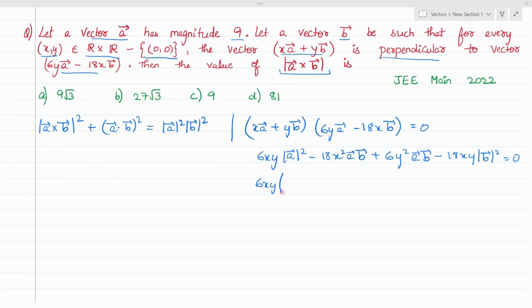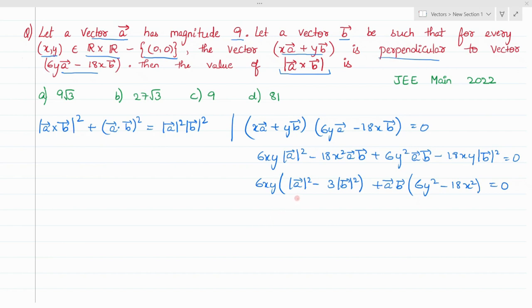You'll get 6xy times (mod A square minus 3 mod B square) plus A dot B, which will come common, times (6y square minus 18x square), equal to 0.